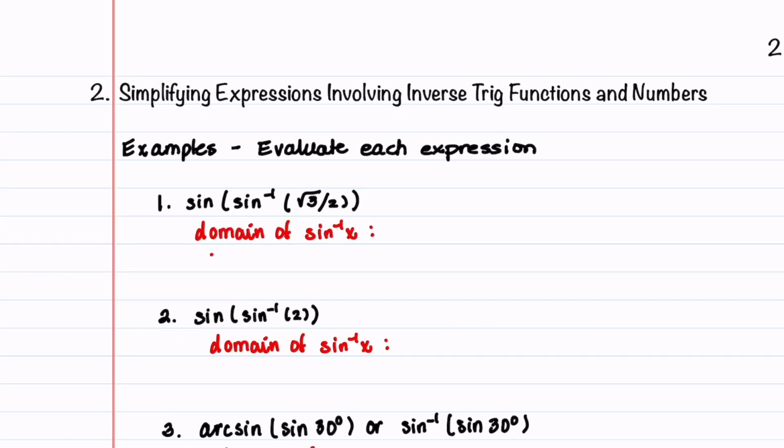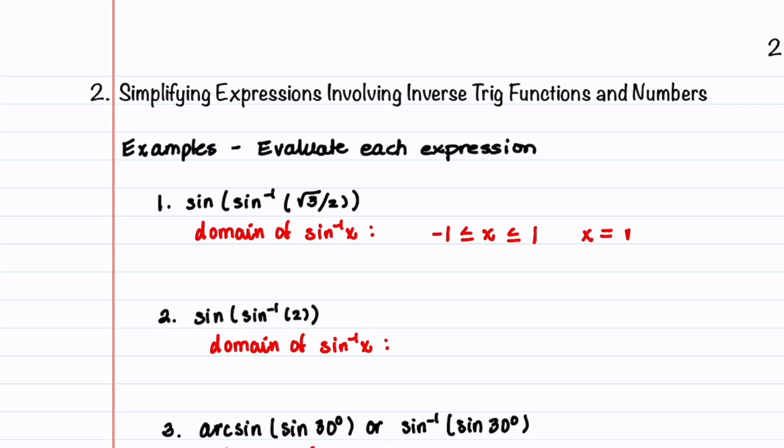In this video, I'm going to teach you how to evaluate expressions with inverse sine functions. We'll first evaluate sine of inverse sine of root 3 over 2. We'll remind ourselves that the domain of inverse sine of x is x ranging from -1 to 1.